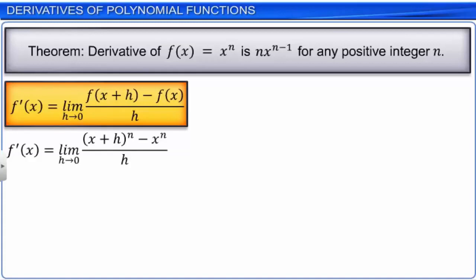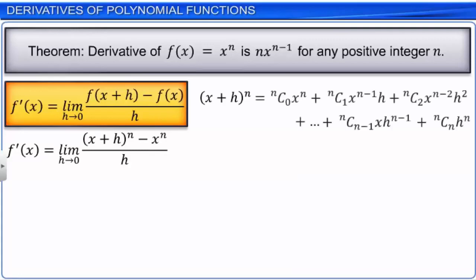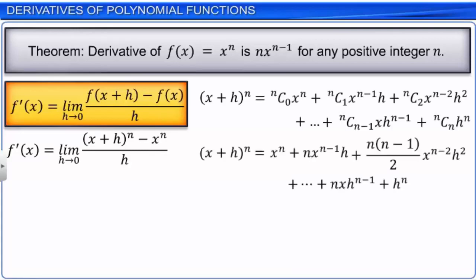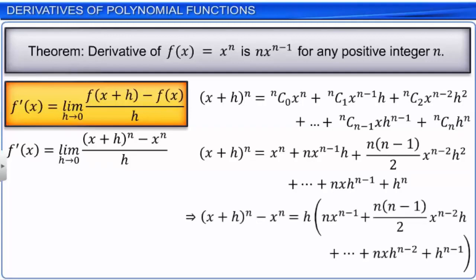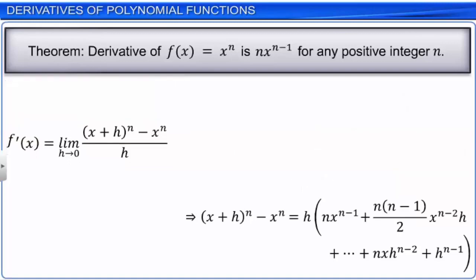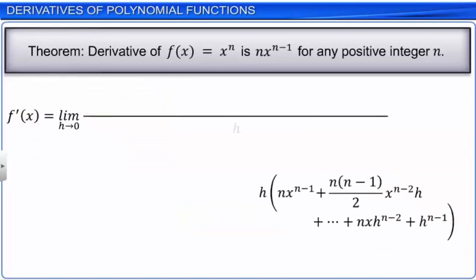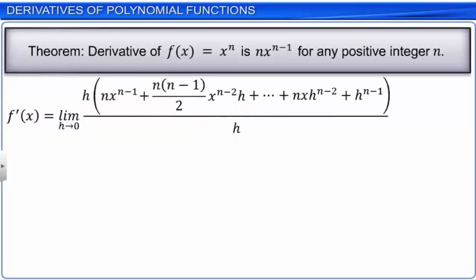From the binomial theorem, x plus h whole raised to the power of n can be represented as shown. Therefore, the numerator can be represented as shown. Now, we use this in the derivative formula for f of x.